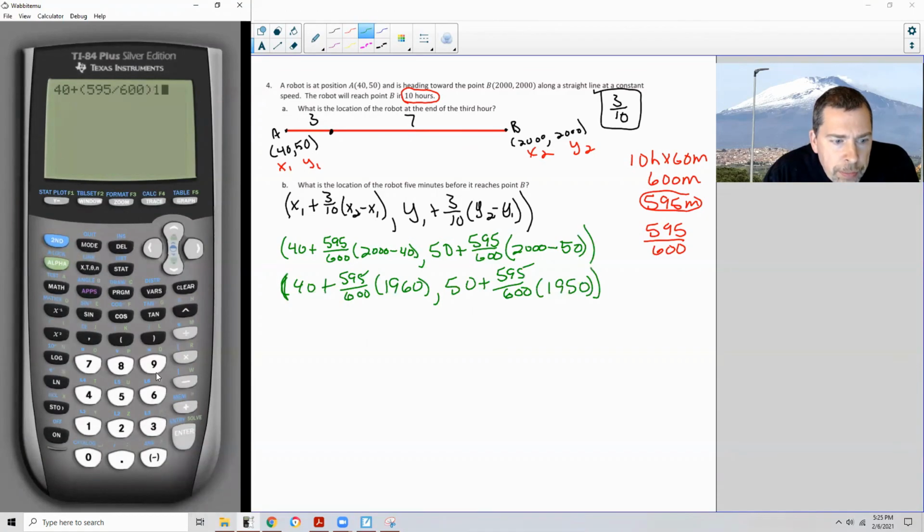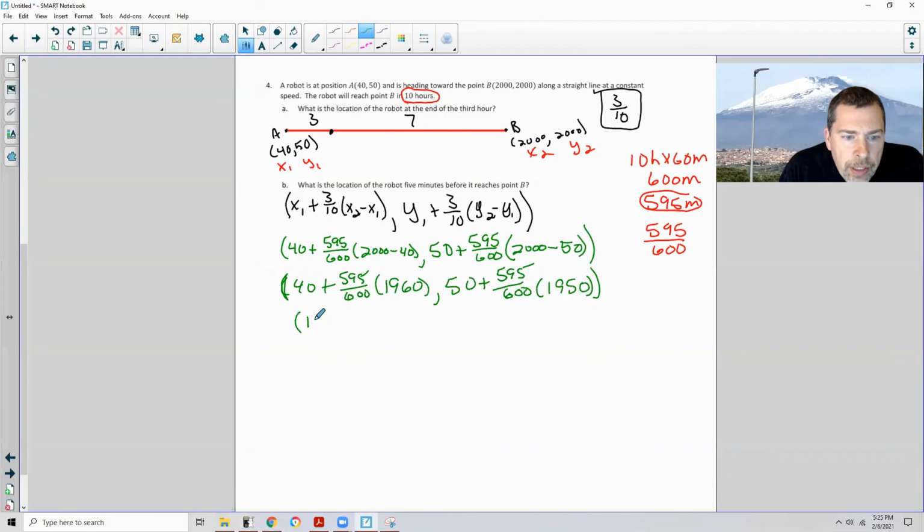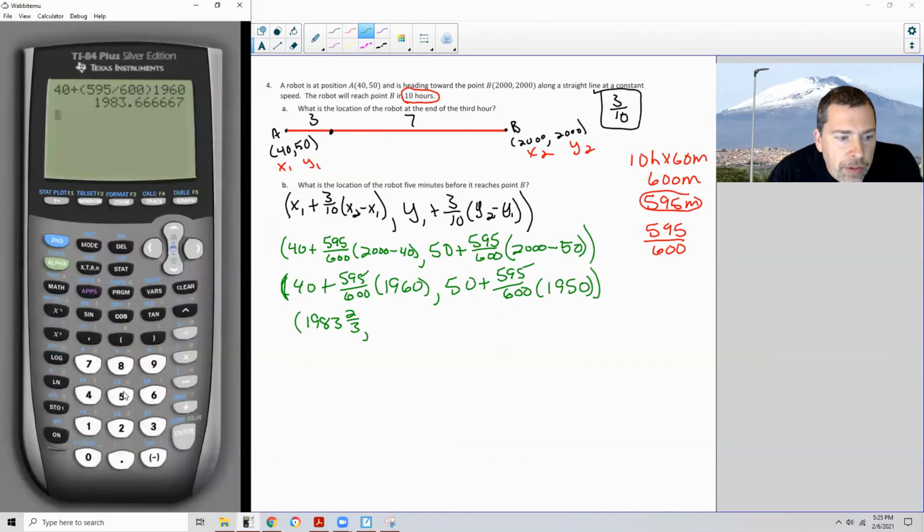Close the parentheses and put 1960 after it, and that'll give us our x. So that's going to be 1983 and 2/3. 1,983 and 2/3, comma, and then do the same for the next one.